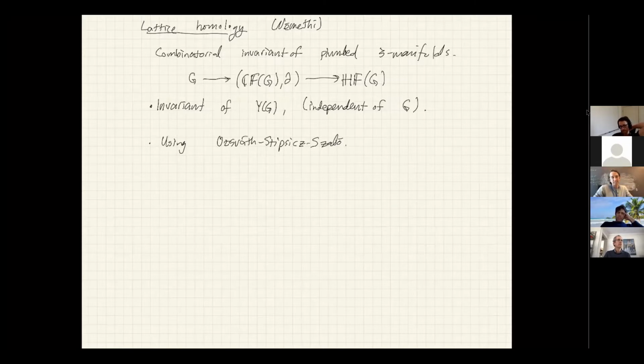So that's right. Némethi's original construction did require the graph to be negative definite. But the other formulations don't. I think that was more just a superficial thing. I can't remember Némethi's notation. Definitely the Ozsváth, Stipsicz, Szabó approach does not require that.